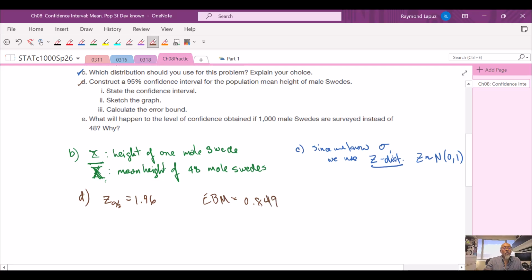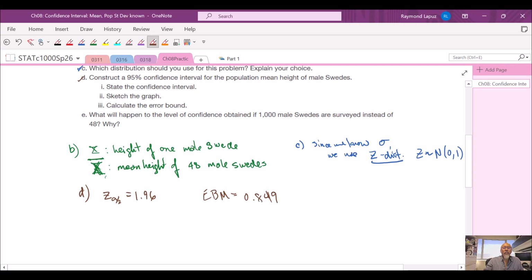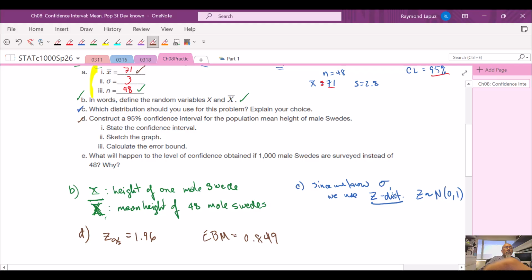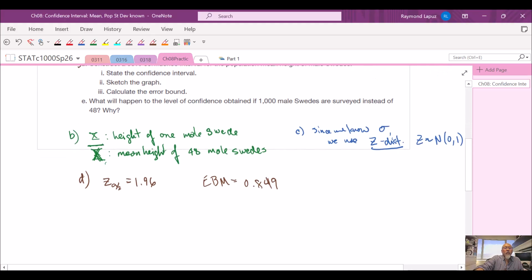And so we will just add and subtract this from our X bar, our 71. So to find that, we're going to get 71 minus the EBM, 0.849, comma, and 71 plus 0.849.